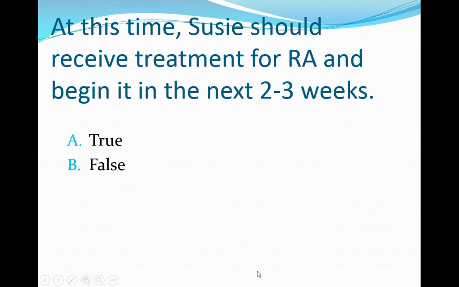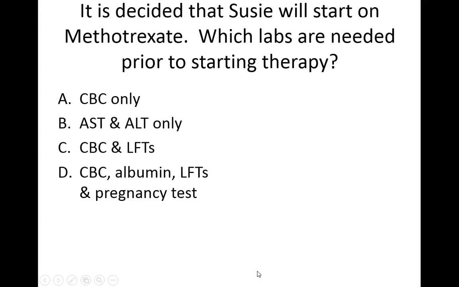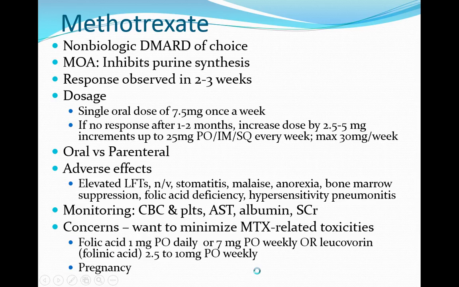So any other labs, our biggest thing is we're going to use methotrexate, and your slides have all the information you want to know, but are afraid to ask. And the medical letter handouts contain a lot of information. So methotrexate, you'll see it. I have 7.5 milligrams once a week, but most people start with 15, and you really have to monitor the patient, and you want to minimize toxicities with methotrexate.